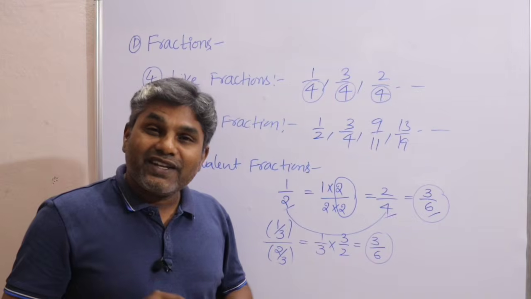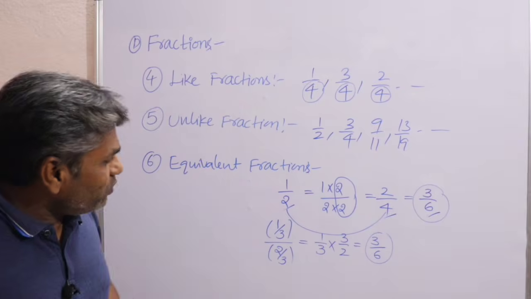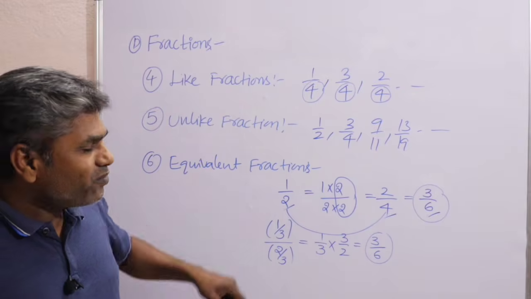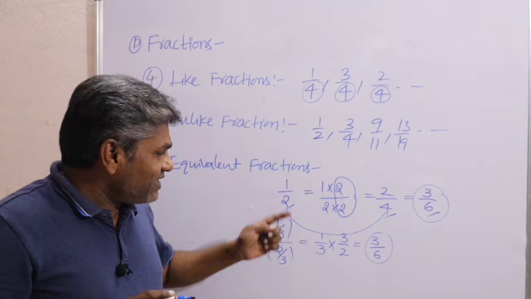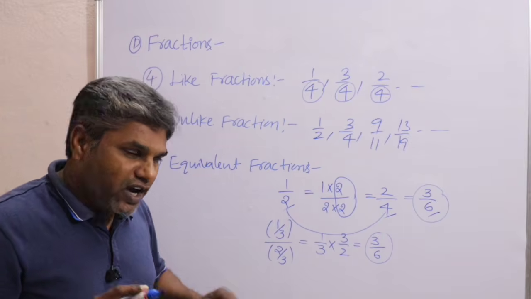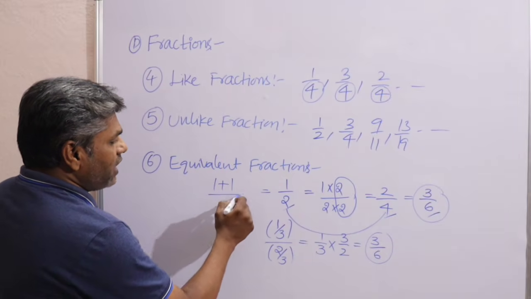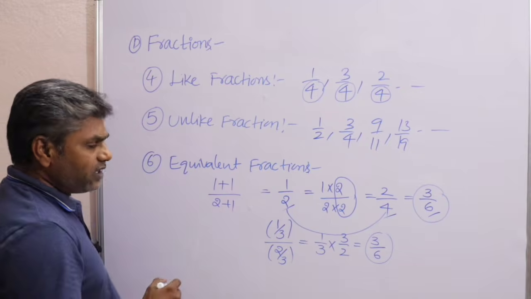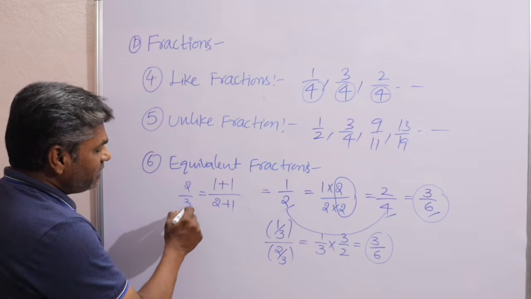But keep in your mind, you may get a doubt or an idea. Suppose you add the same number to the numerator and denominator, do you get a fraction which is equivalent to this? No, not at all. Suppose I am adding 1 to the numerator and 1 to the denominator. So 1 plus 1 will become 2 and 2 plus 1 will be 3.